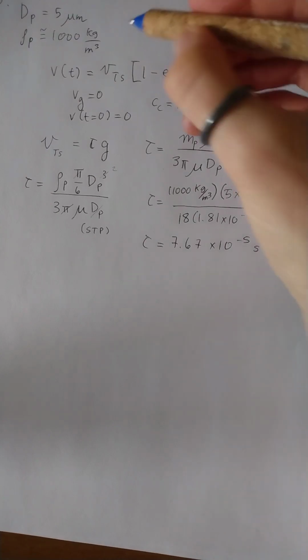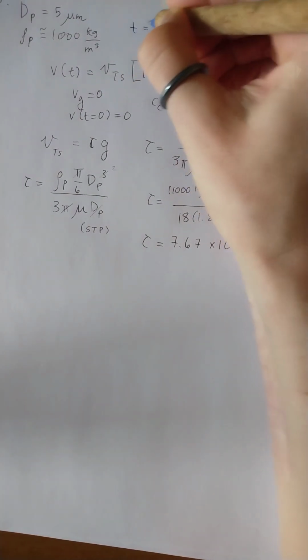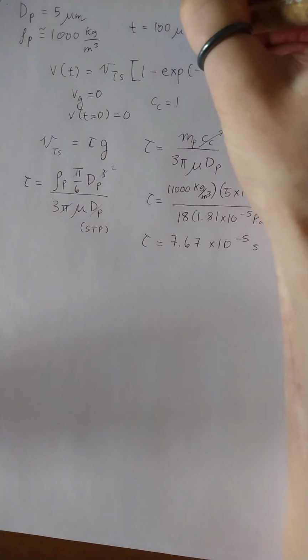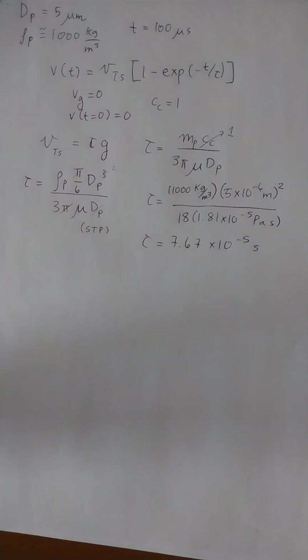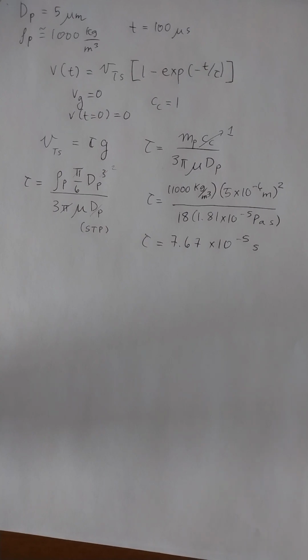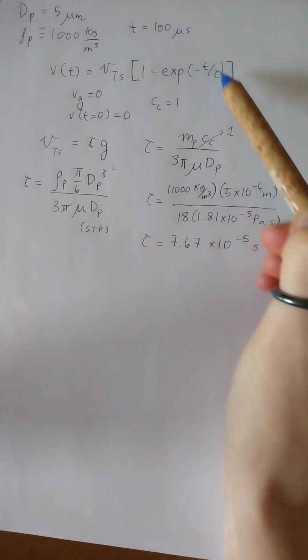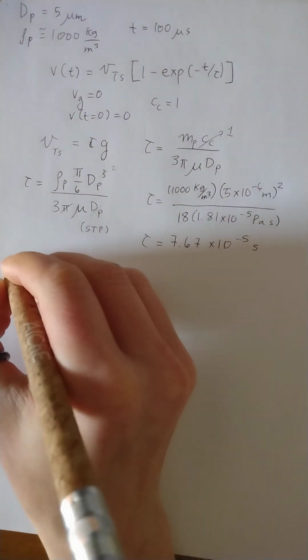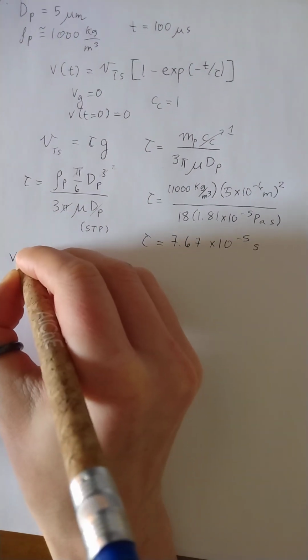And we wanted to calculate the velocity then at a time of 100 microseconds. So we'll plug in this time and our tau value into the velocity profile in order to calculate v.